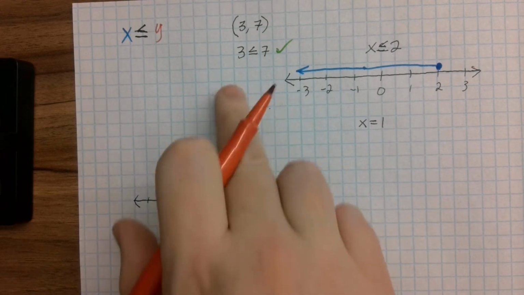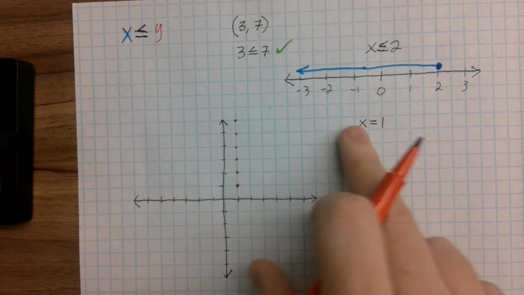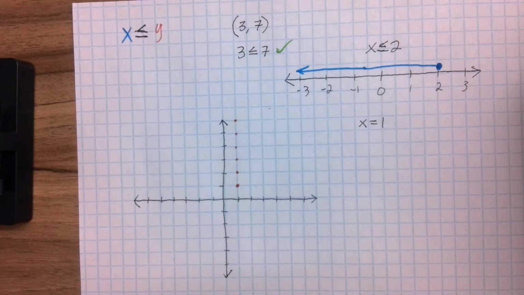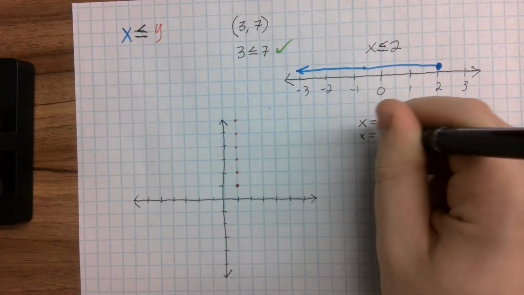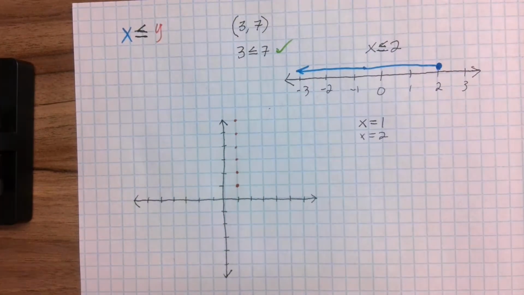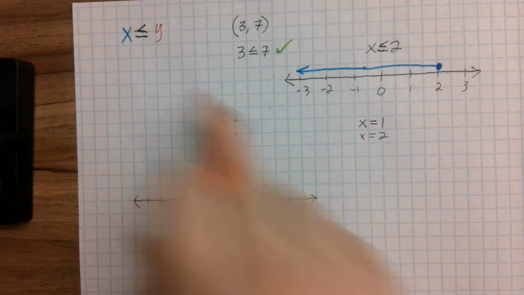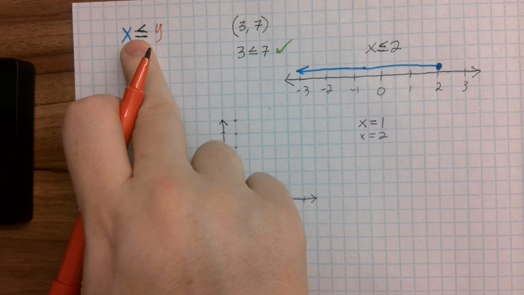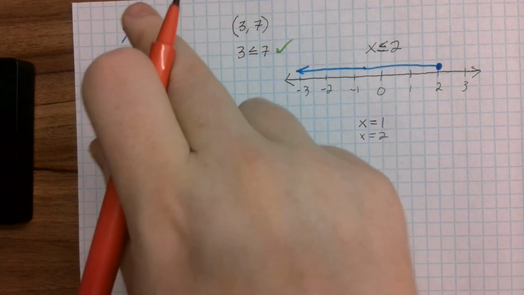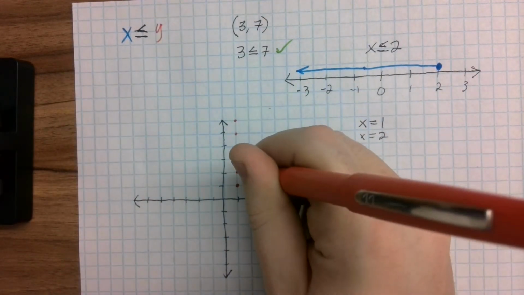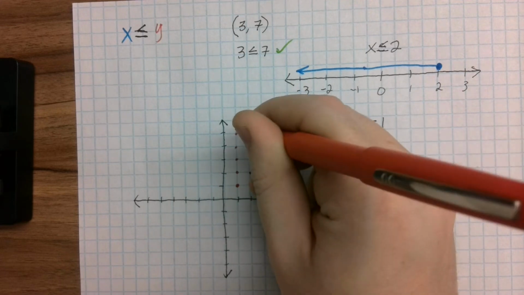Once you figure out all the places where y is bigger than or equal to 1, try it out again with x equals 2. Well, we go through and we find that 2 is less than or equal to 2, 3, 4, 5, 6. So we put those dots in.